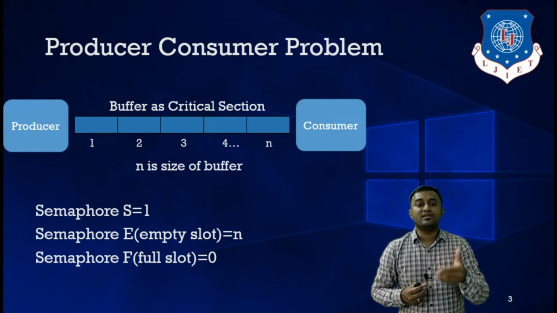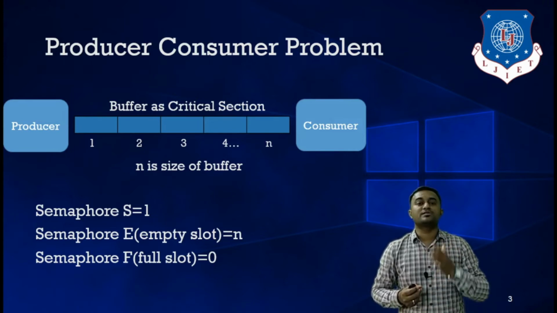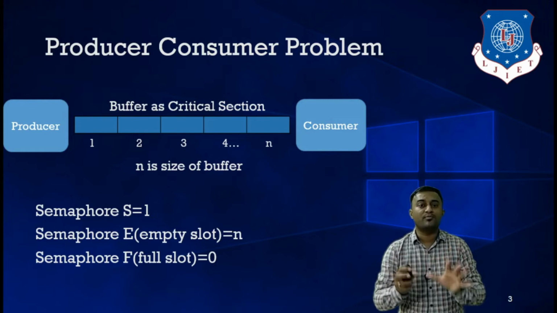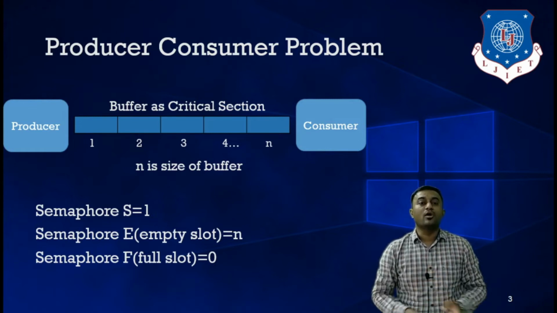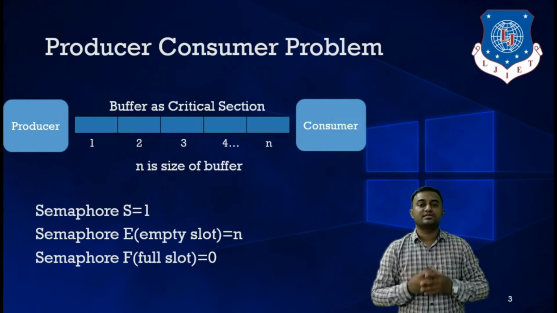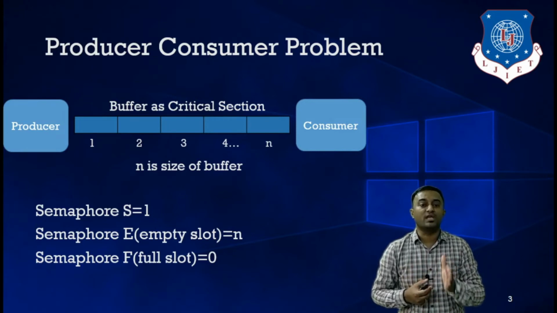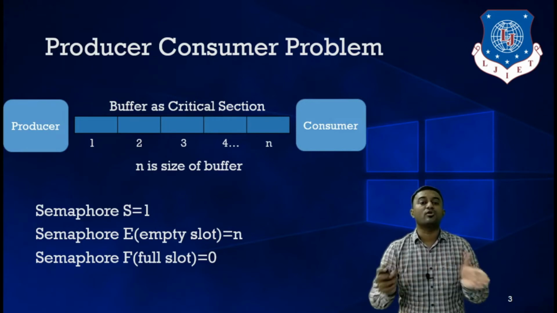So by having these three considerations, one is the critical section problem, one is the underflow condition, and the third one is the overflow condition, we need three semaphores, one for each situation. One is for the critical section, the second is for the underflow condition, and the third is for the overflow condition. Semaphore E stands for empty slots.